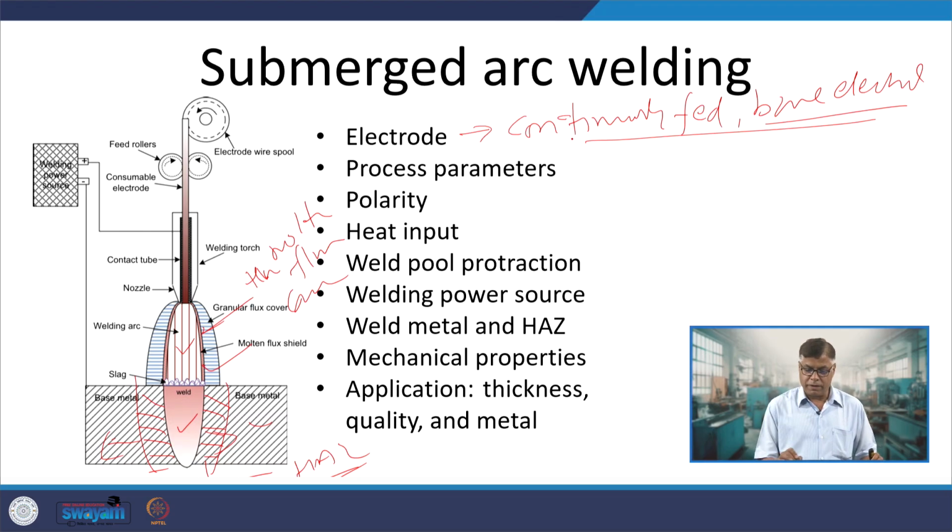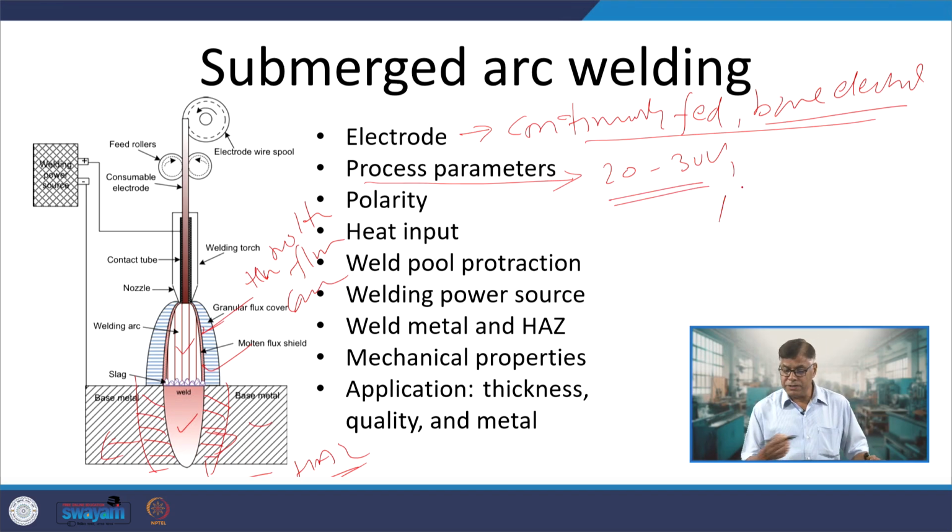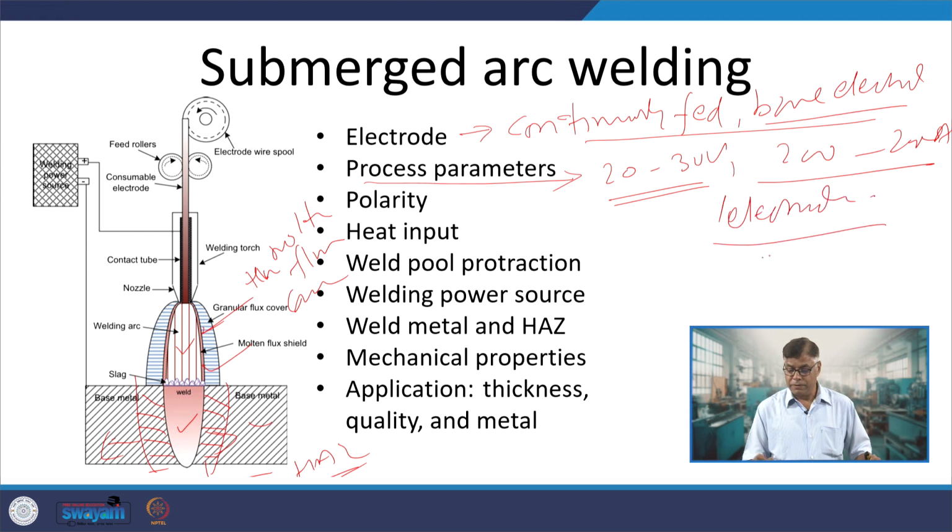So, this is good for a continuous feeding of the electrode. Okay. As far as the process parameters are concerned, say if it is a steel based electrode, 20 to 30 volt is the normal arc voltage, but the current can change heavily, from 200 to even 2000 ampere, depending upon the electrode diameter. Okay.